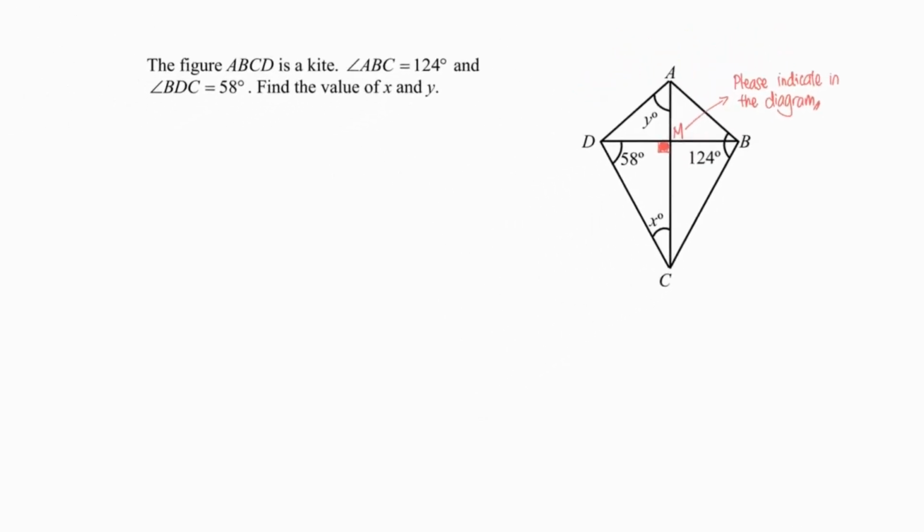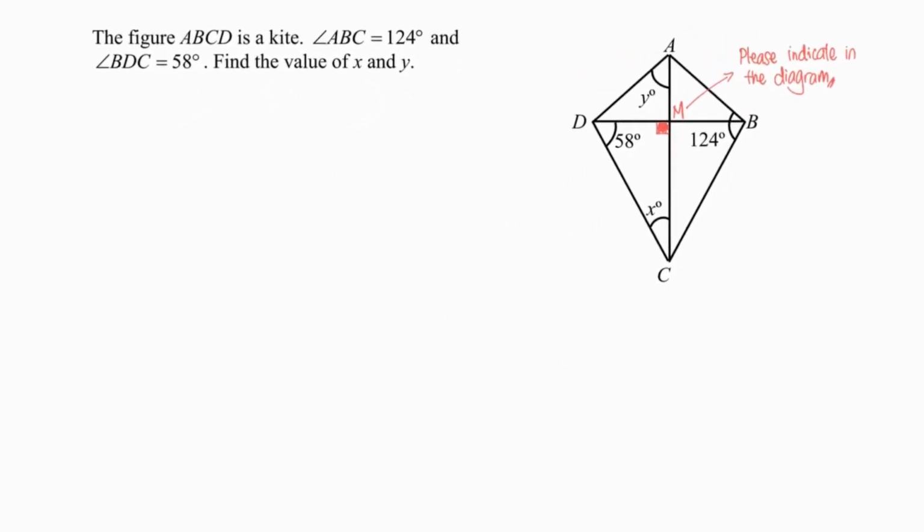Once I have this, then I must first say angle CMD is 90 degrees. This is because diagonals of a kite are perpendicular to each other.